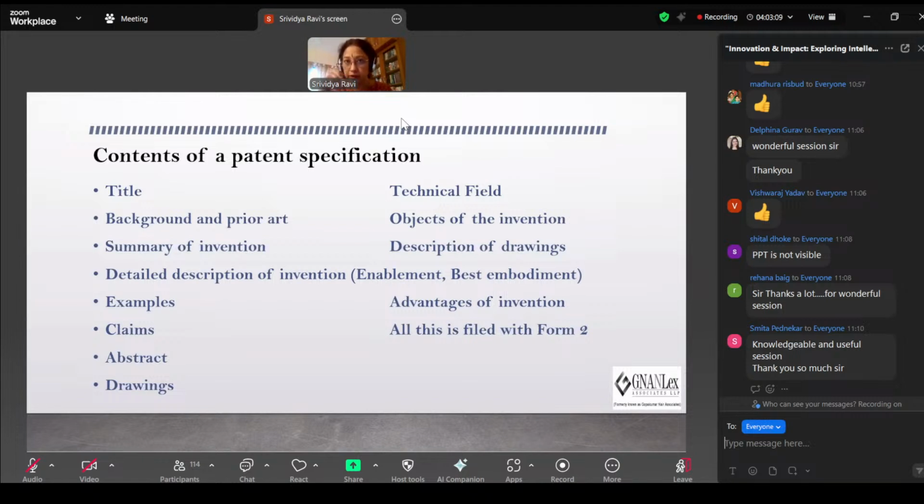You will describe or disclose it in detail. If you have amended some amino acids in a chain of them, you will give each chain of that particular molecule. Then you will say, the one in which there is no alanine works best, or something like that. You'll have a statement which says which is the best embodiment.